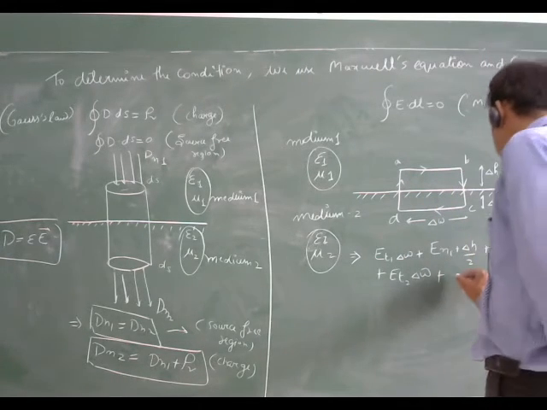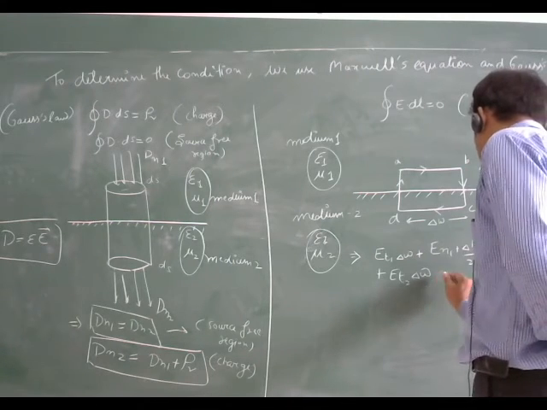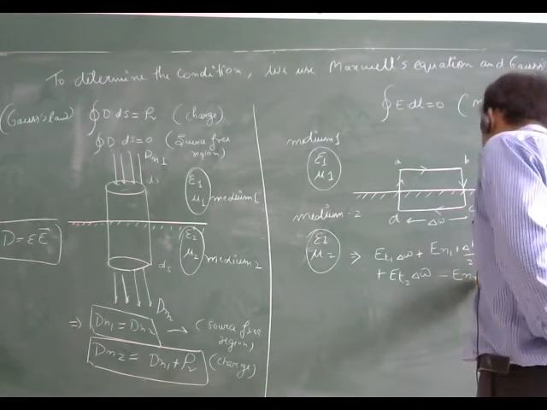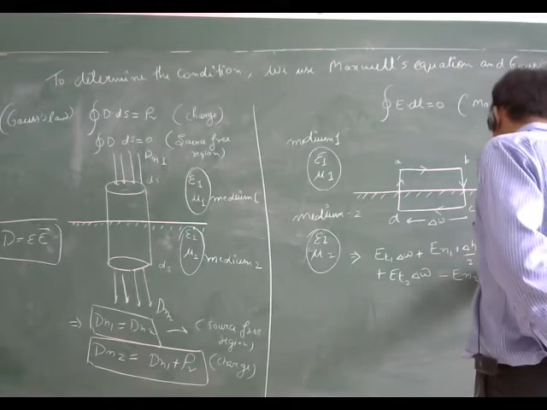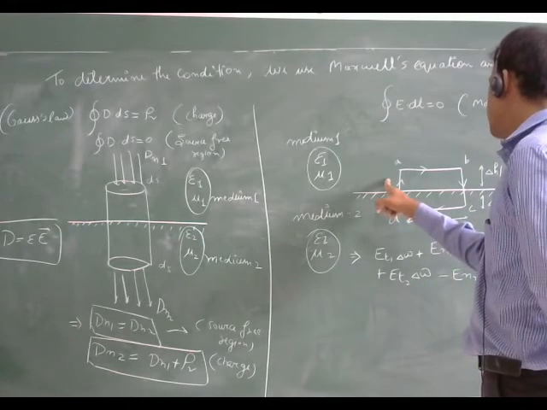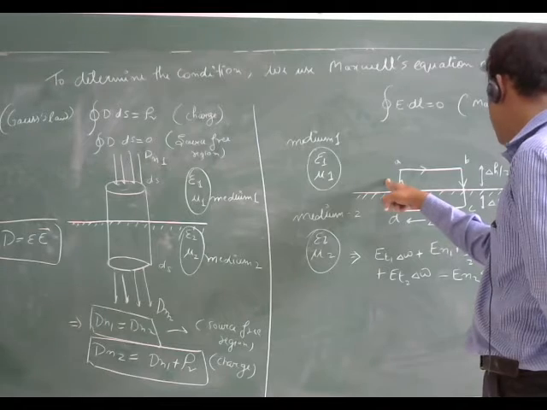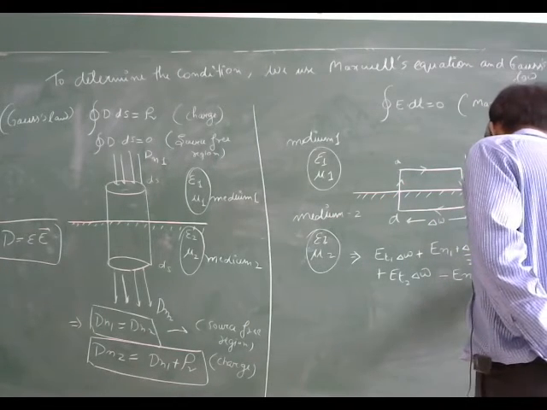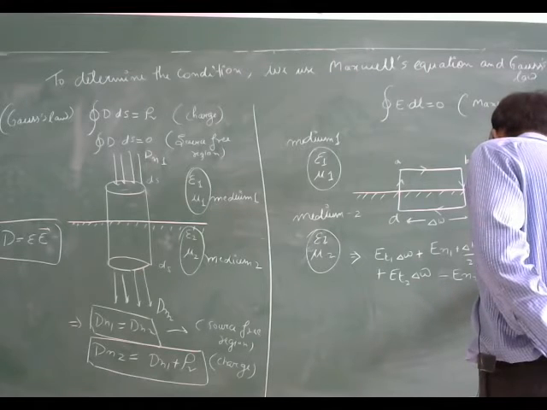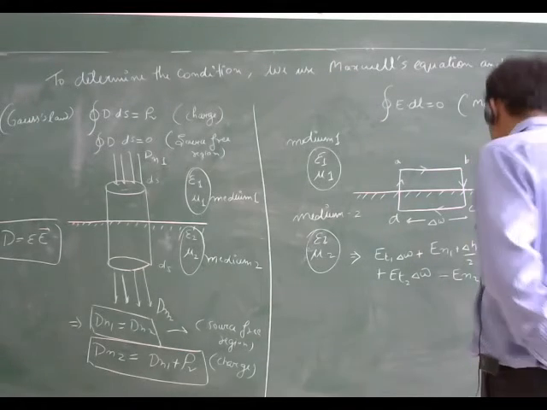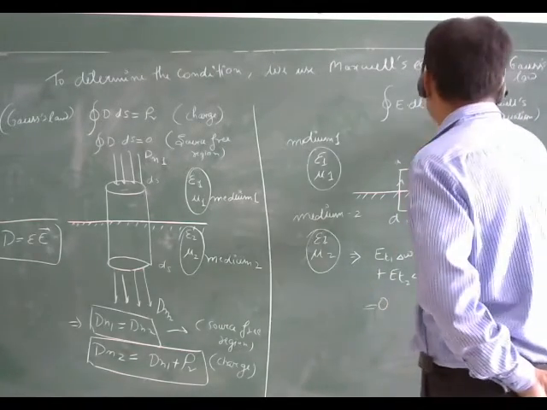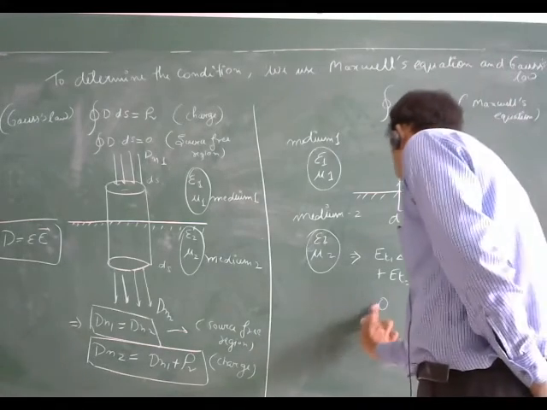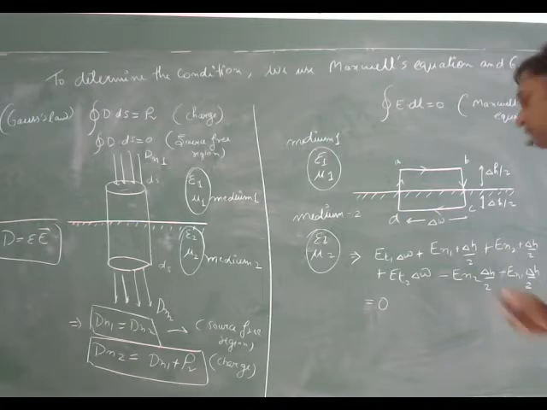So this becomes minus the normal component of electric field in the second medium, En2, into the length del h by 2, minus the normal component of the electric field in the first medium, En1 del h by 2. And this will become equal to 0. This sum is equal to 0 from the Maxwell equation.